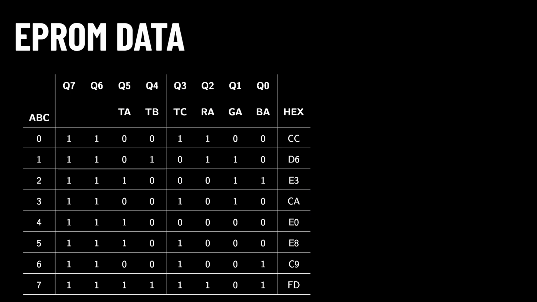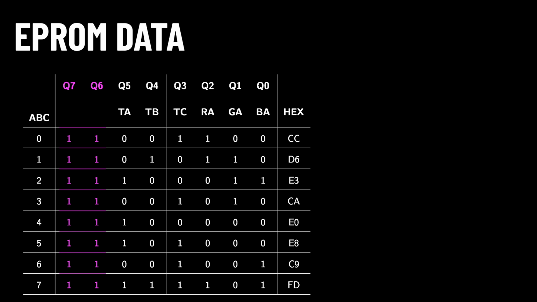We can decide what output pins we wish to use on the EPROM chip. This circuit requires 6 outputs, 1 for each next state expression to connect to the 3 flip-flop inputs, and 1 for each of the output variables to connect to the 3 LED anodes. Let's use Q5 through Q0. This will help us determine the hex values to program at each address in the EPROM chip.